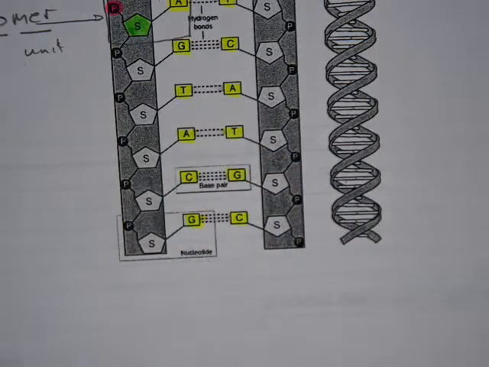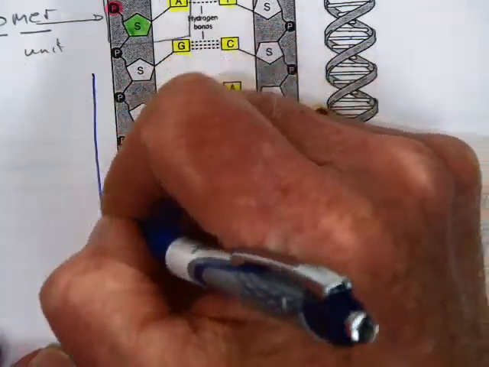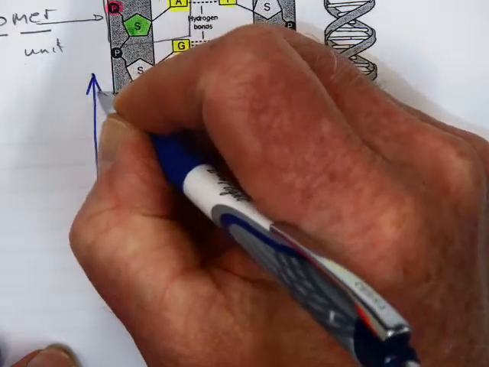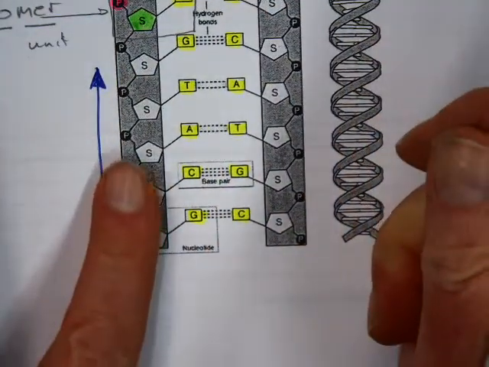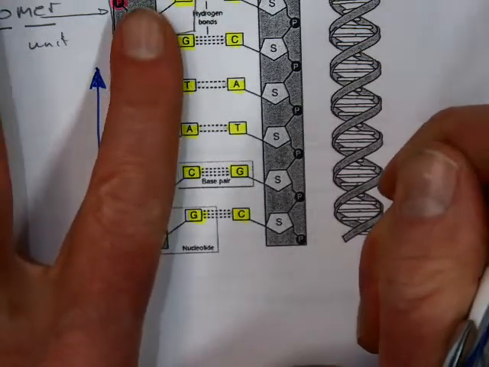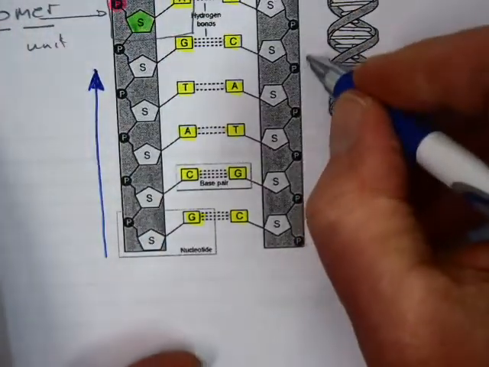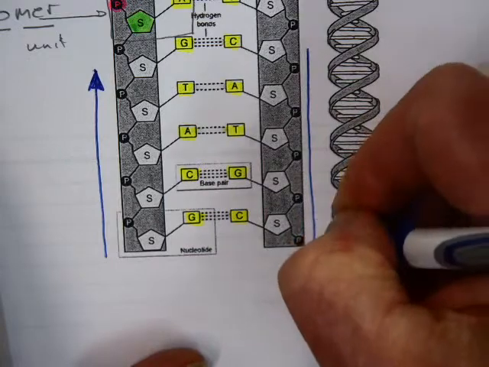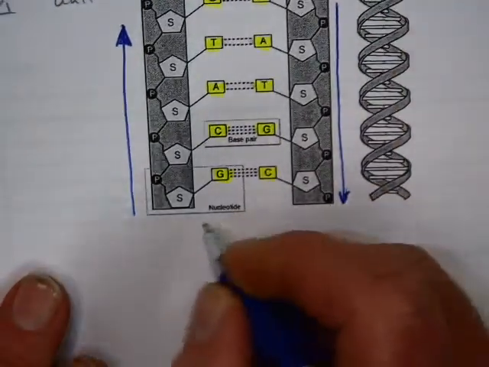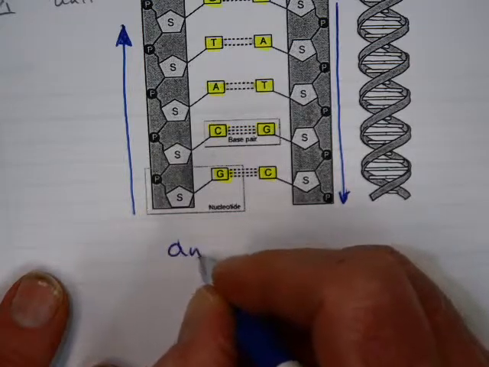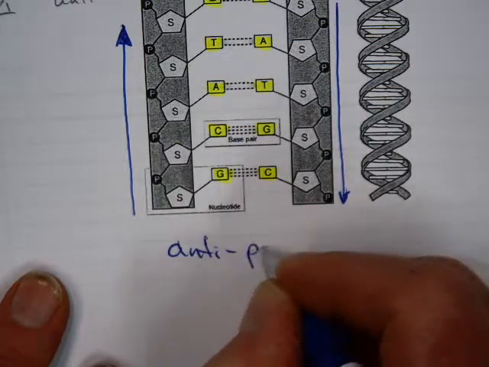All right, and the last notation I want to put on here is that we do have a directionality in this. We have DNA having a directionality in this direction, and DNA having a directionality in this direction. And the word that I used before to describe this is anti-parallel.